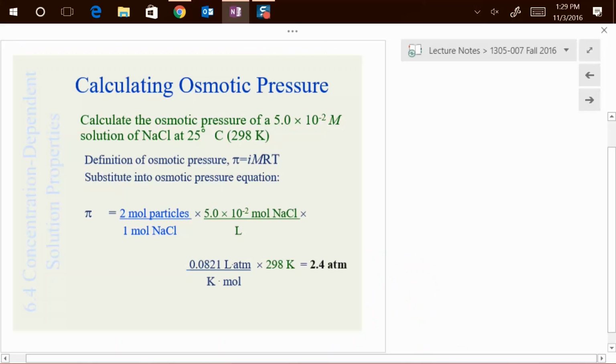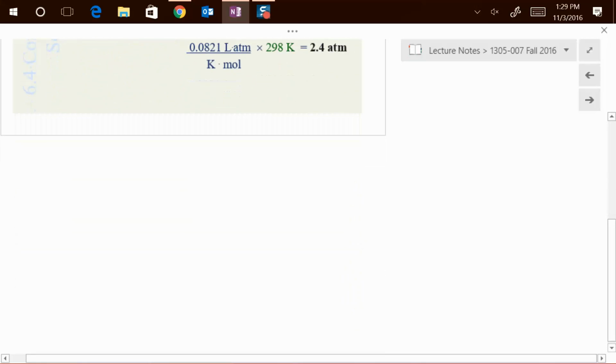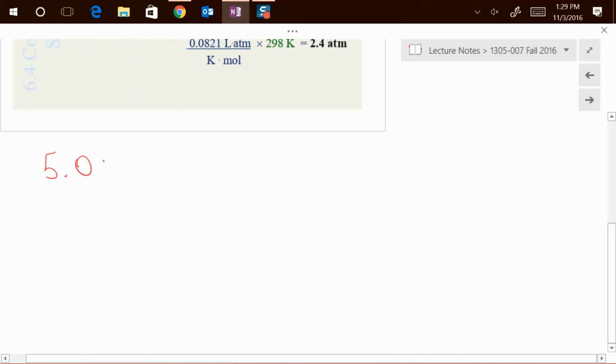Now, osmotic pressure. Calculate the osmotic pressure of a 5.0 times 10 to the negative 2 molar solution of sodium chloride, at 25 degrees Celsius. The osmotic pressure equals what?